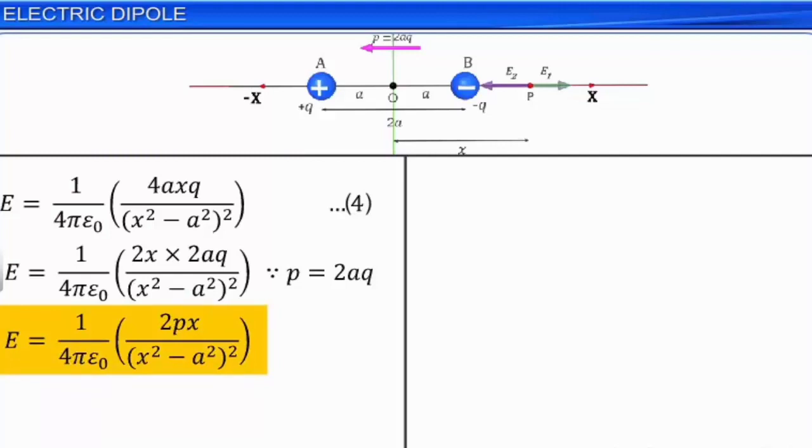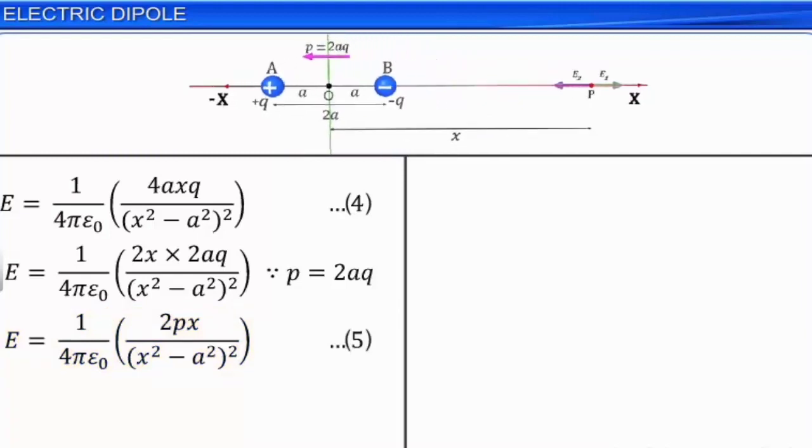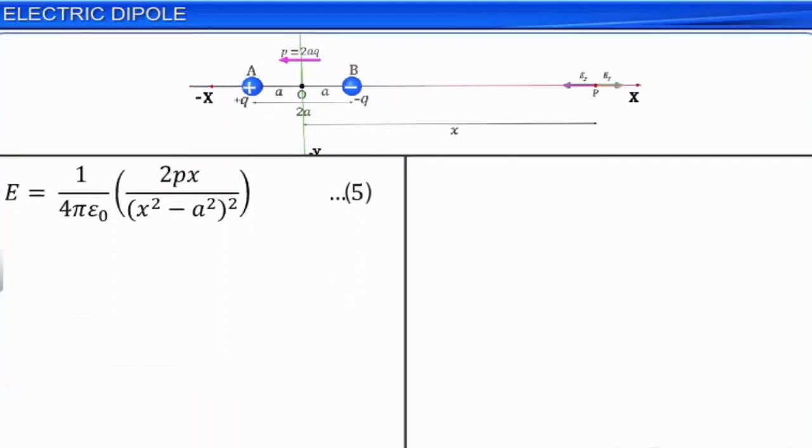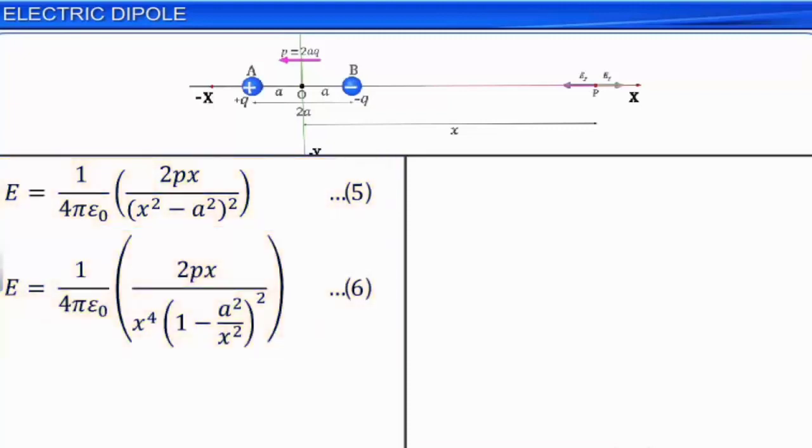When the point P is at a very large distance from the center O, then x is very large compared to a. Then, writing the expression 5 as in equation 6 and neglecting the term a square by x square for x which is very large as compared to a, in equation 6, and on further simplification, we get E is equal to 1 by 4 pi epsilon naught, 2px by x power 4.